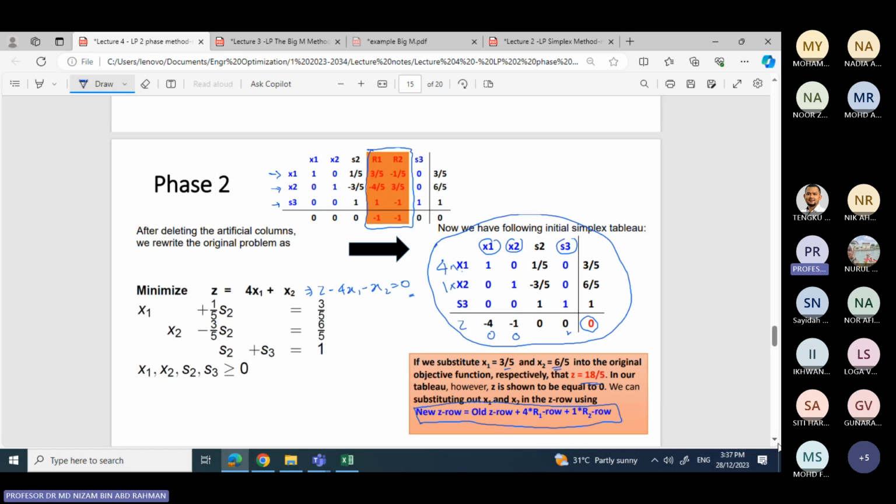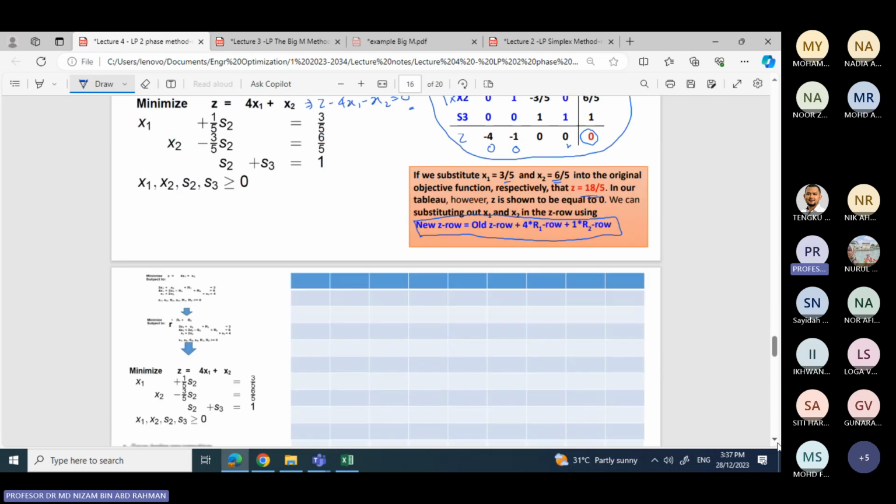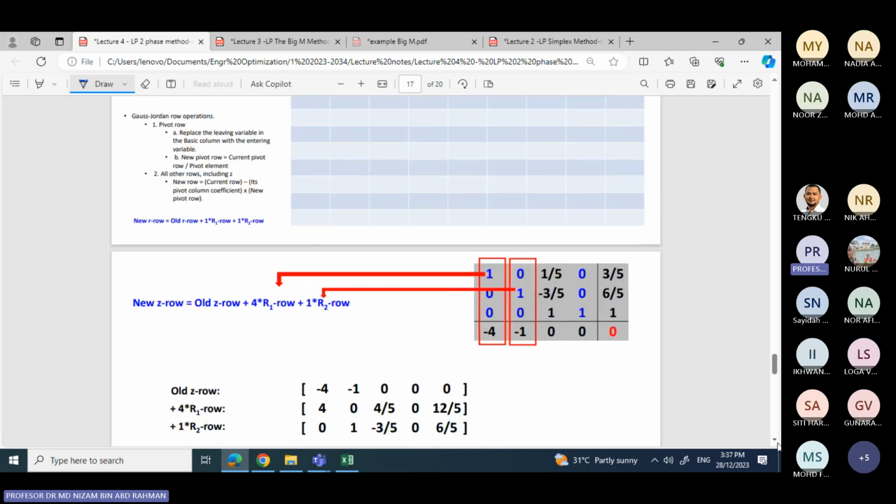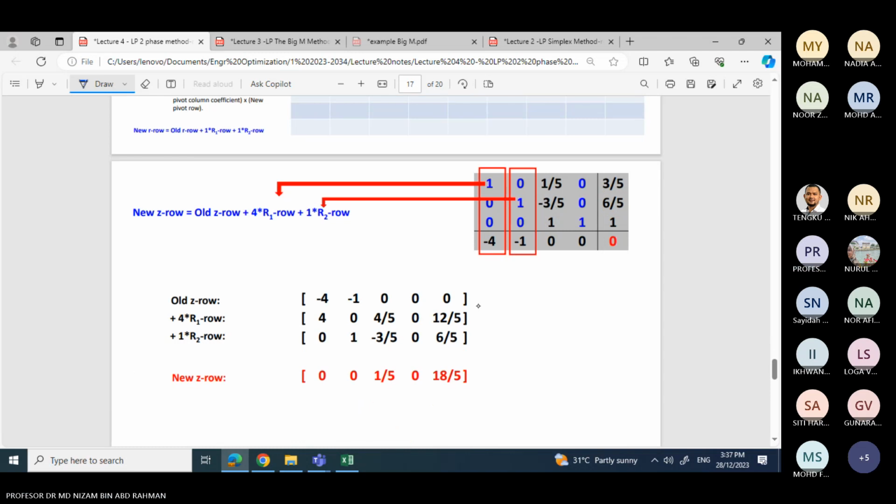If you perform that, we get a new Z row. The old Z row is -4, -1, 0, 0, 0. 4 times R1 becomes 4, 0, 4 over 5, 0, and 12 over 5.